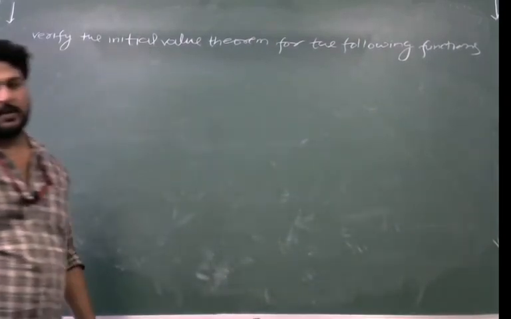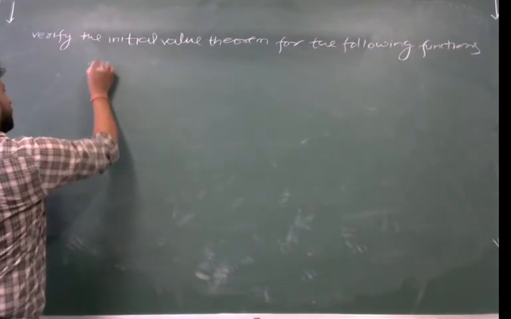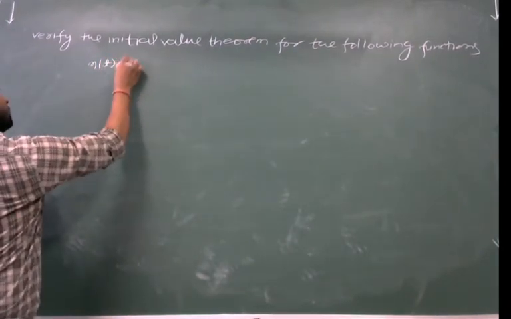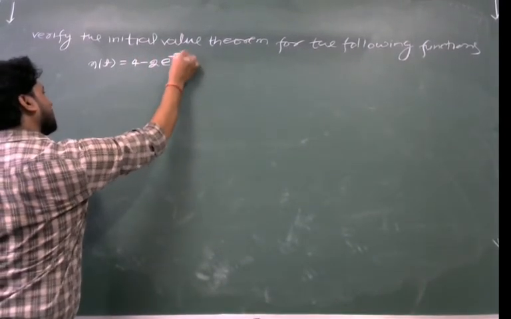Verify the initial value theorem for the following functions, and these functions are: x of t is given as 4 minus 2 times e power minus 3t.